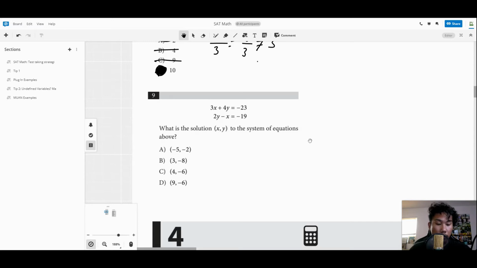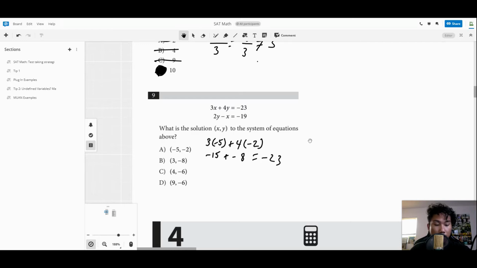So with the first equation, I have 3 times -5 plus 4 times -2, right? And that gives me -15 plus -8, and -15 plus -8 is indeed -23. So that checks out.